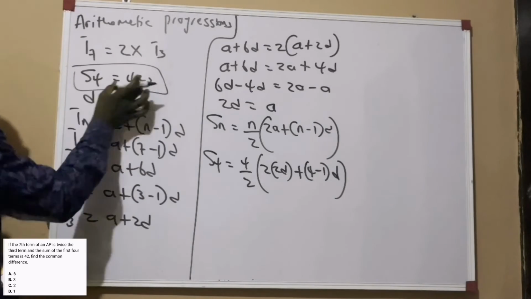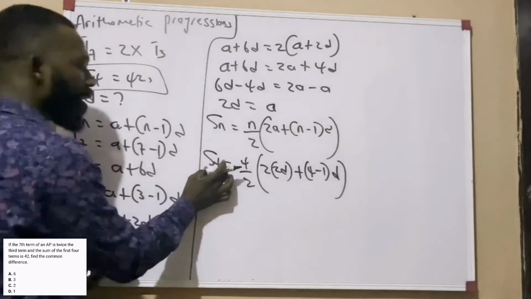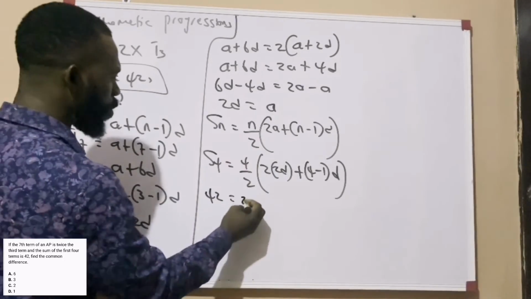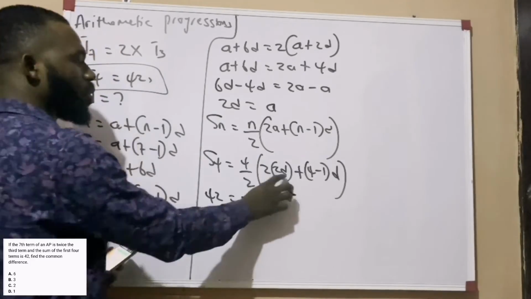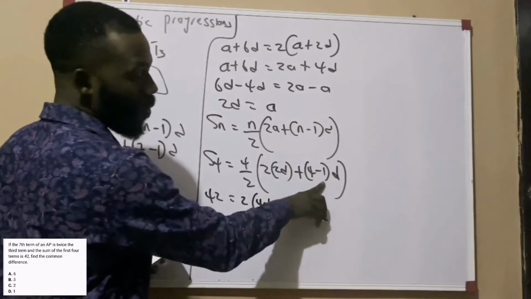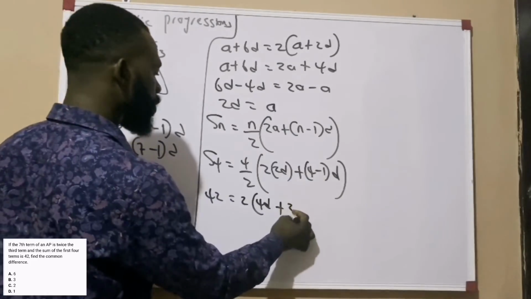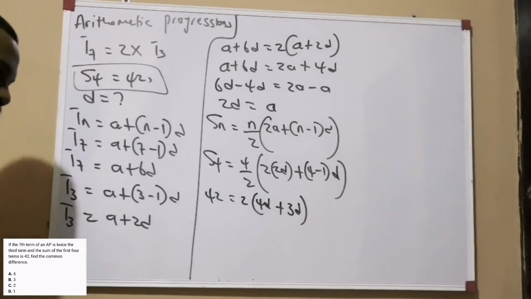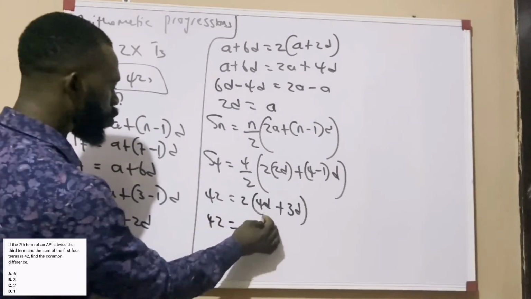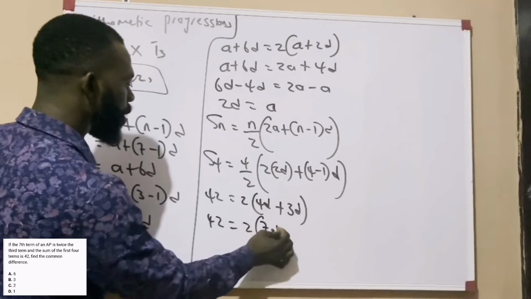Now, S4 was given as 42. So where I have S4, I'll put 42, is equal to 4 divided by 2 gives us 2 into the bracket of 2 times 2d gives us 4d plus 4 minus 1 gives us 3, and 3 times d gives us what? 3d. Okay, so here 42 is equal to 2 into the bracket of 7d.